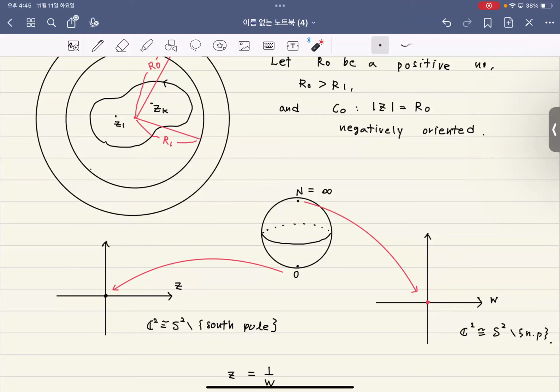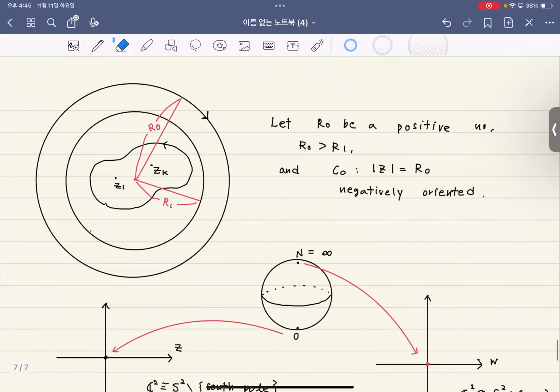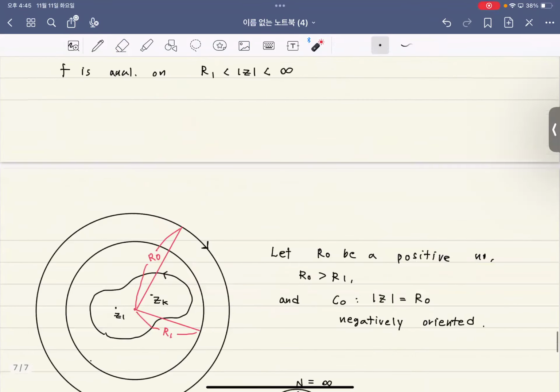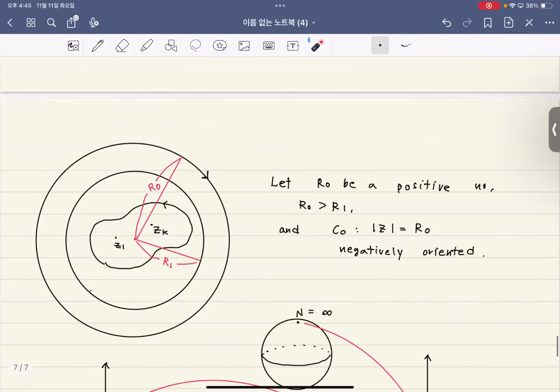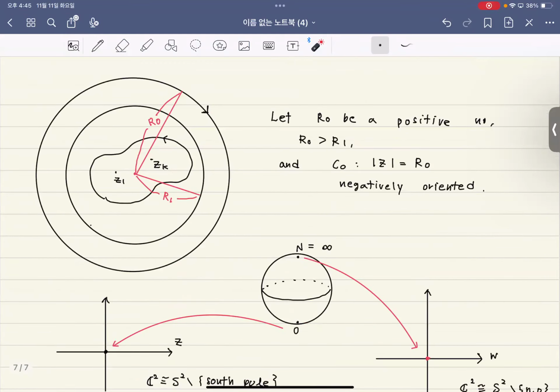And in this case, my function f is considered to be analytic outside of this large circle. From the viewpoint of the z plane, this guy is negatively oriented, and this large circle should be identified to a circle somewhere around here.